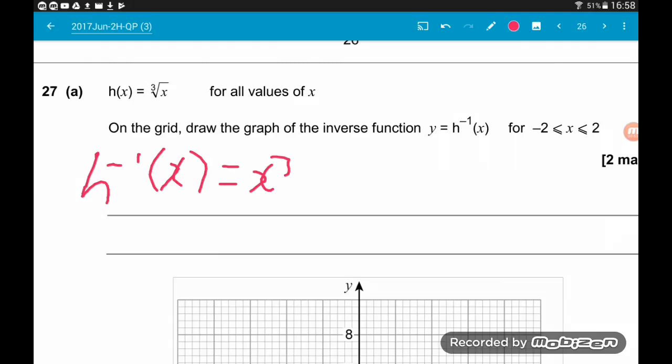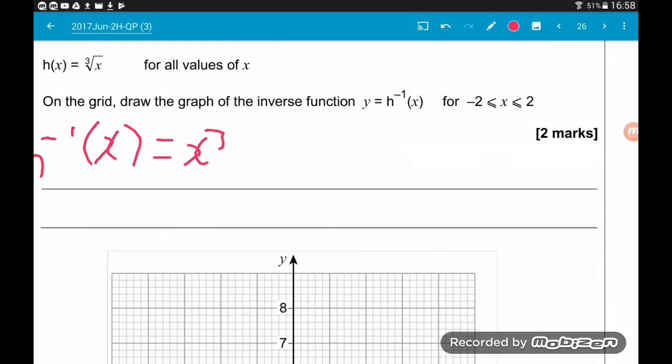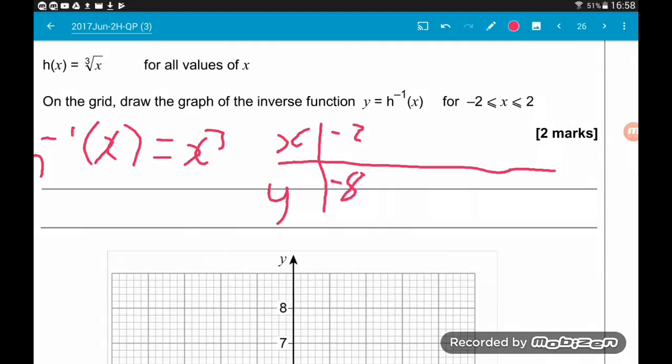So what we need to do now is get ourselves some coordinates for h inverse x for values of x from -2 up to +2. So if we make a little table with our x values on top and our y values down here, when x is -2, -2 cubed is -8.